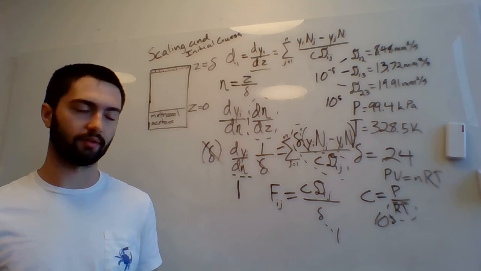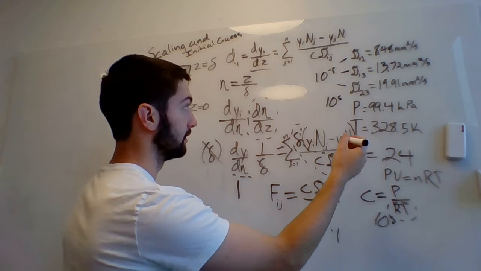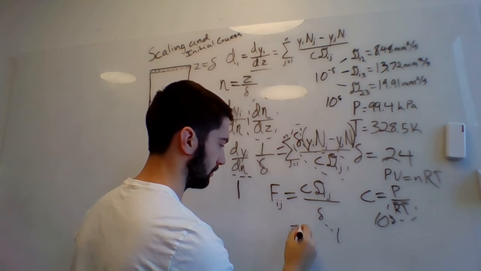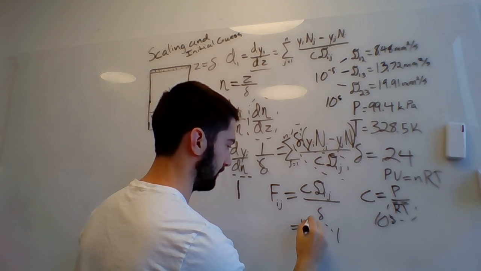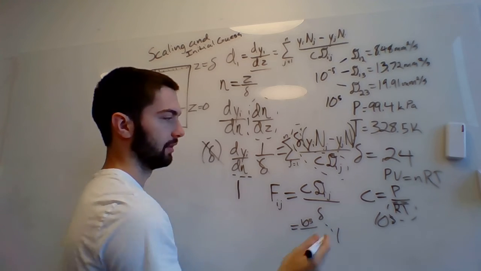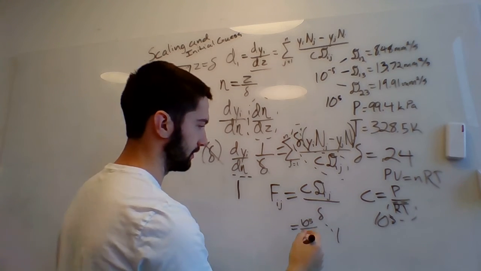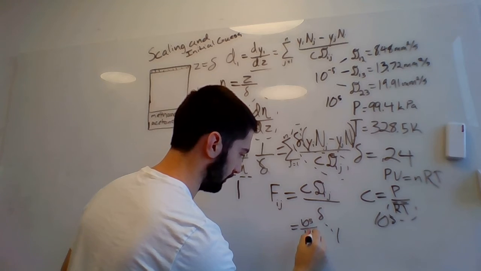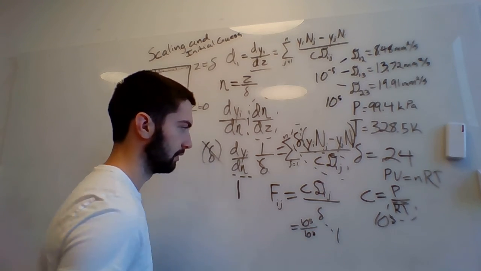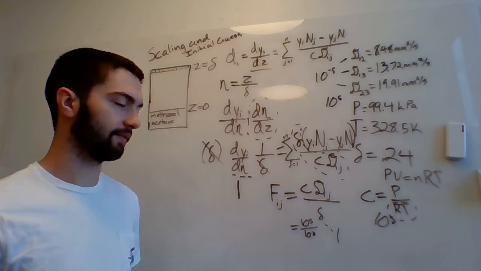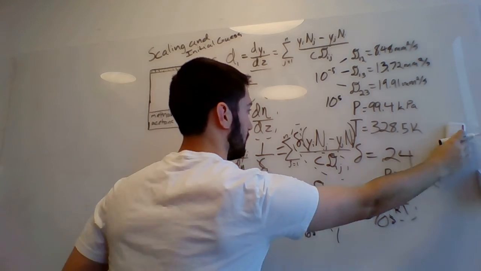Now that we have all the order of magnitudes, we can plug in. So we have pressure, 10 to the 5th, over ideal gas constant times temperature, 10 to the 3rd. Stefan-Maxwell diffusivity is 10 to the negative 5th.